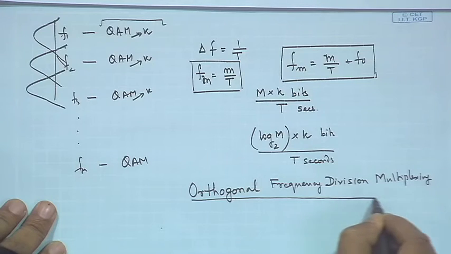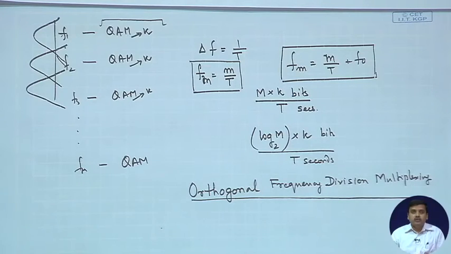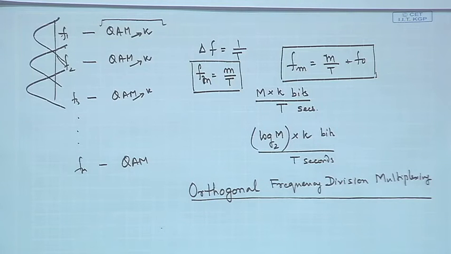So, we will not continue the discussion on orthogonal frequency division multiplexing beyond this point, except if there are doubts we can always clarify, because OFDM has many other details which we do not find pertinent to discuss in this particular course.